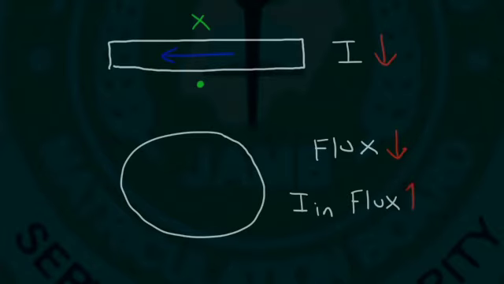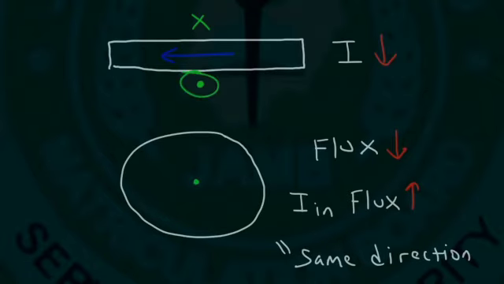It's going to oppose a change. Anytime it tries to increase the flux, it's trying to support the decrease in magnetic field. And anytime it wishes to support it, the two magnetic fields have to be in the same direction. Now at the center, the external magnetic field, which is this one, is directed out of the page.